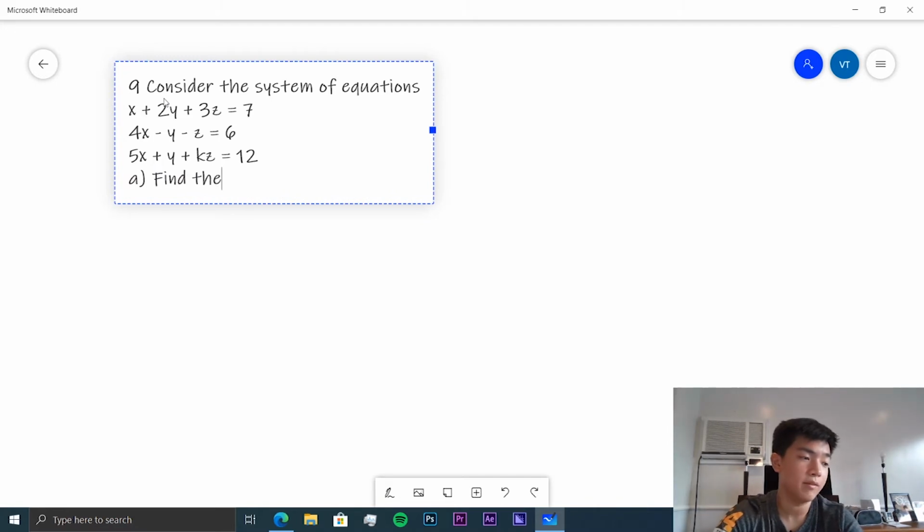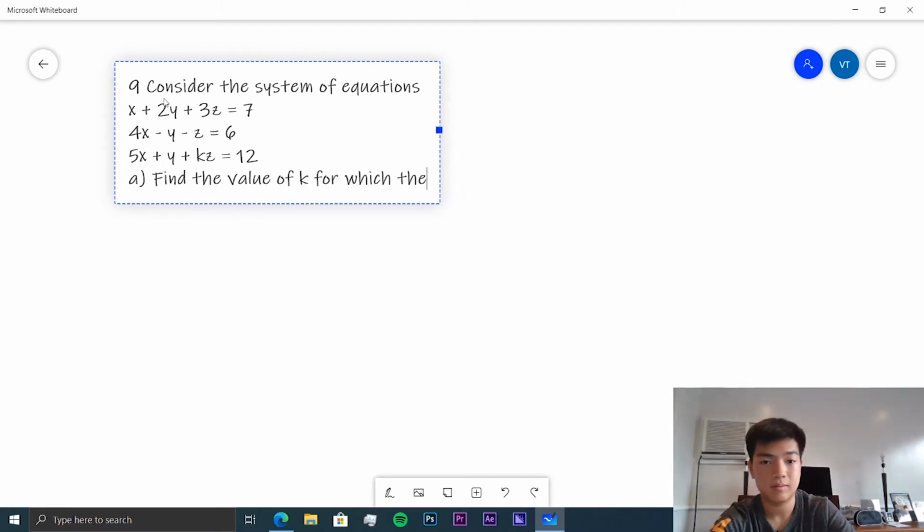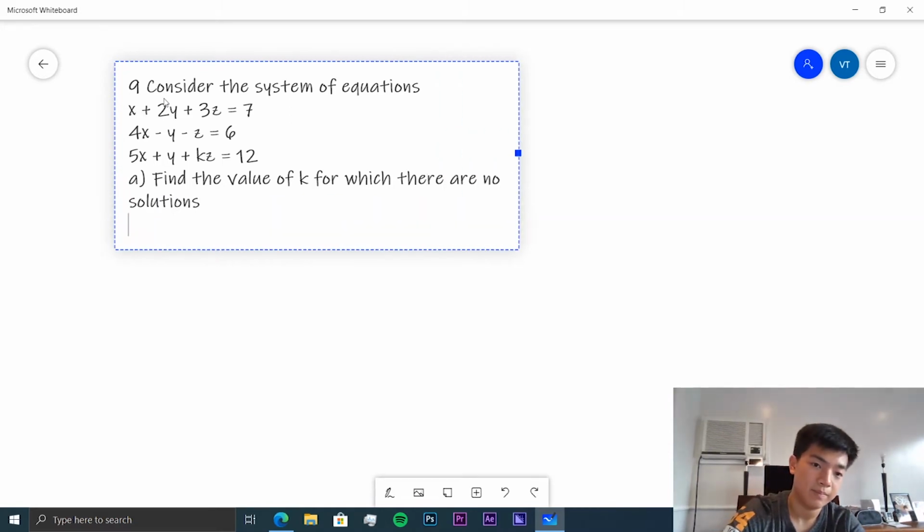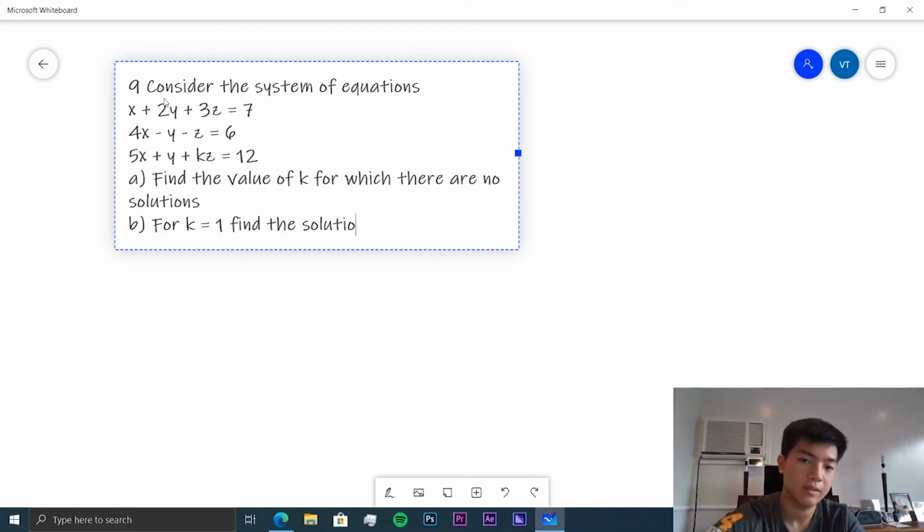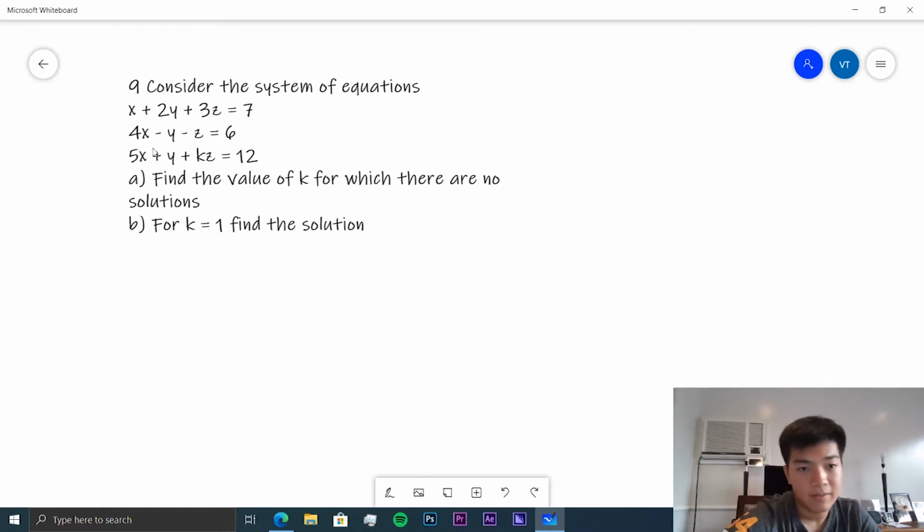So (a) find the value of k for which there are no solutions, and (b) for k equal to 1, find the solution. Okay, find the value of k for which there are no solutions.